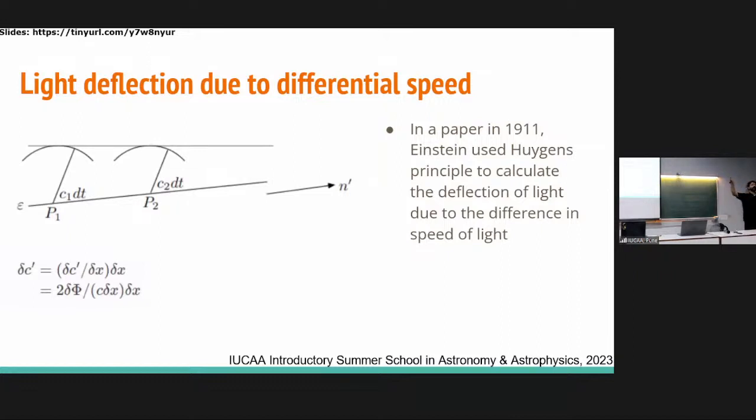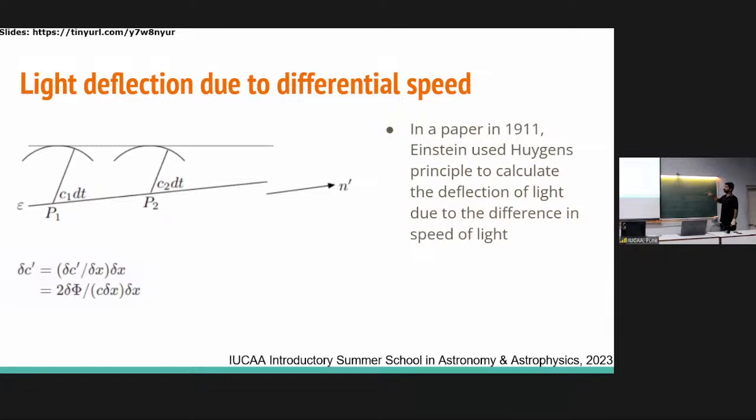The envelope of these wavefronts is the new wave, right? Now, if the speed of light was not varying at all, it was just c, then this will just remain parallel, right? So the light will continue to travel in a straight line, and these wavefronts will always be parallel.